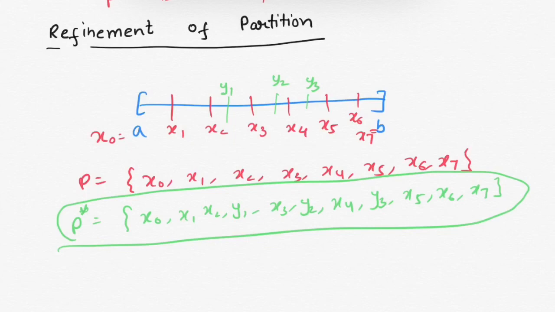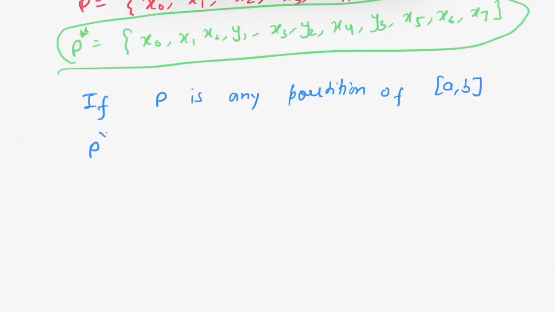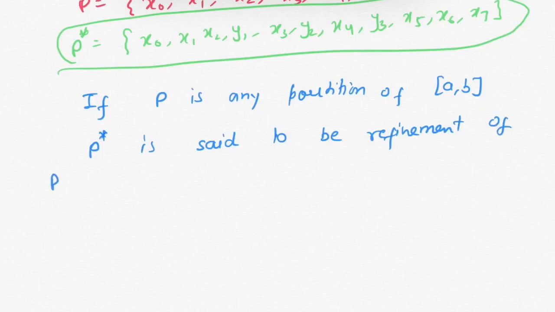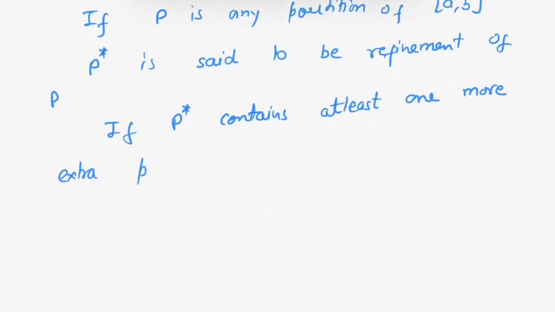Let me formulate this into a definition. If P is any partition of interval [a, b], then P star is said to be a refinement of P if P star contains at least one more extra point than P. If this happens, then P is completely contained inside P star.